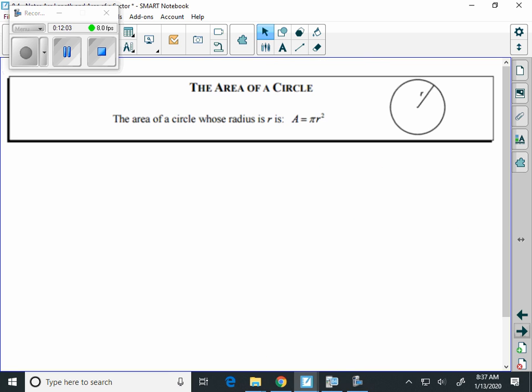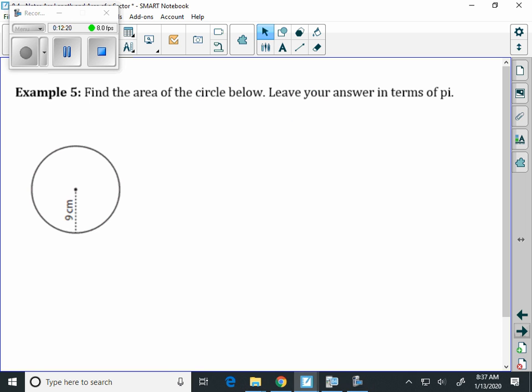The other formula that we're fairly familiar with is area of a circle. And if you're not familiar with it, remember to look at your reference sheet. The formula for the area of a circle is pi r squared. So when we come over here to find the area of the circle, we're going to leave it in terms of pi.